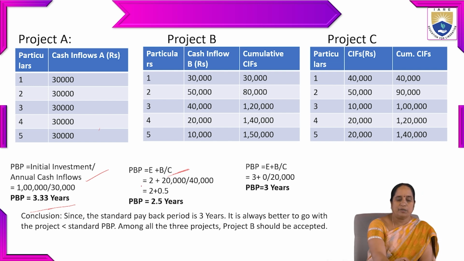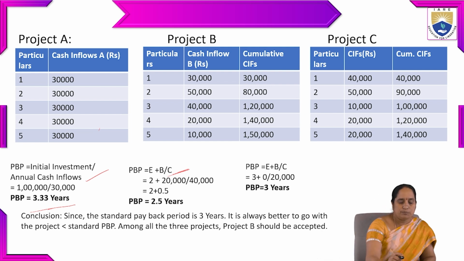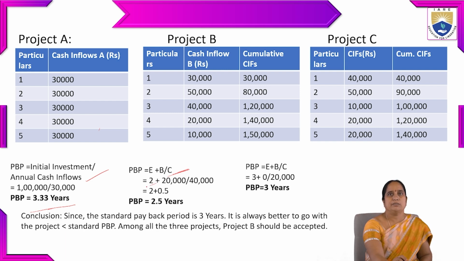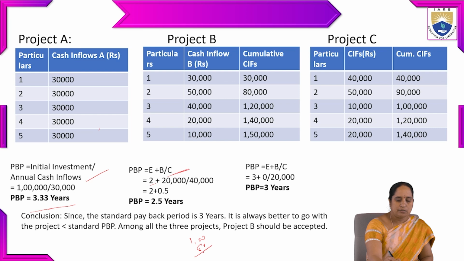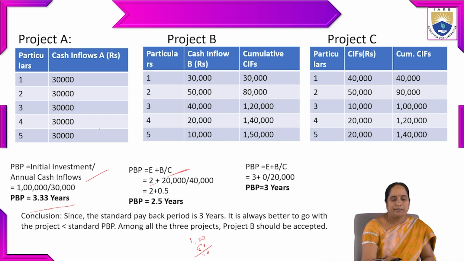Then apply the formula payback period is equal to E plus B by C. E means the year up to which the cumulative amount is still below the investment. If you observe, at the end of second year, the company has generated 80,000, and the leftover balance, 1 lakh minus 80,000, which is 20,000, should be recovered in later years.